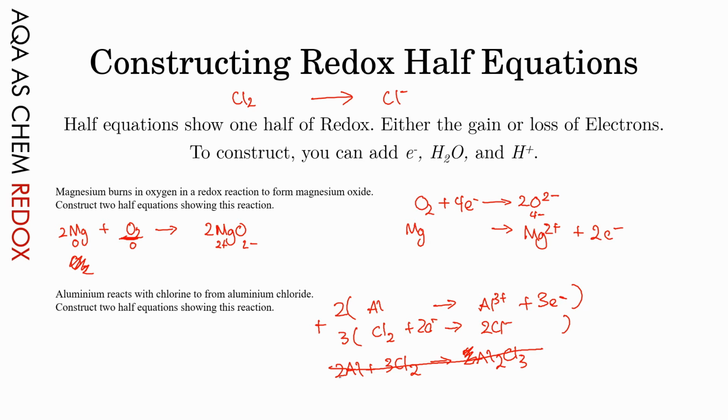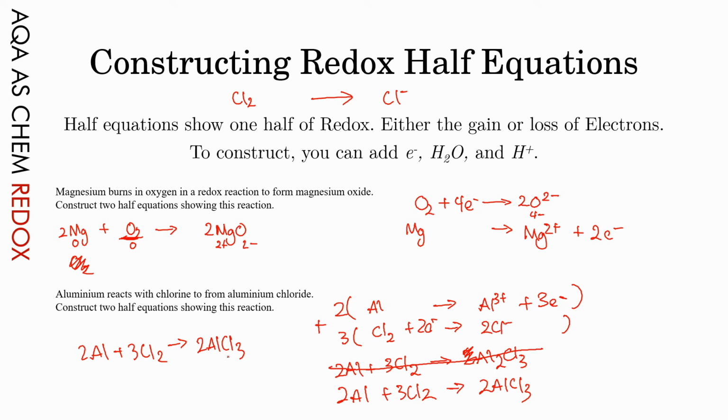Right, conclusion, I'm a dimwit and an idiot. 2Al plus 3Cl2 obviously goes to 2AlCl3, because I can do maths, I promise. And that is your final full equation by combining half equations in that way.